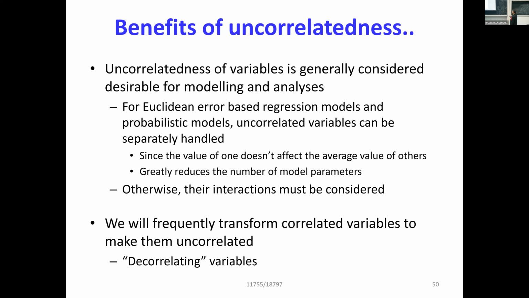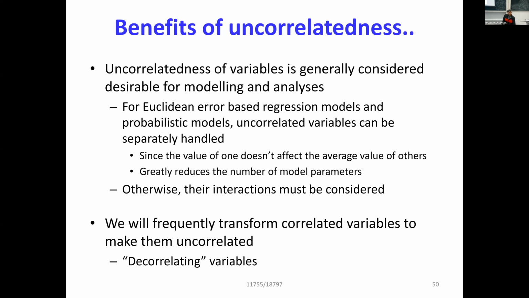Uncorrelatedness of variables is generally considered desirable when you're modeling data, both modeling and analysis. If you're doing any kind of modeling based on Euclidean error, which we did all over the place when we were computing pseudo inverses, when we were computing all kinds of things, we were using Euclidean error.